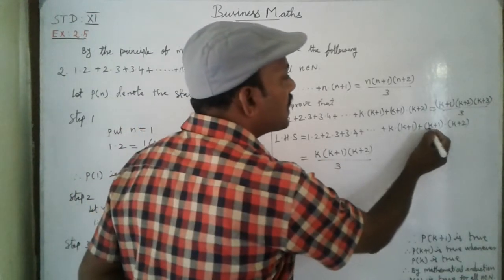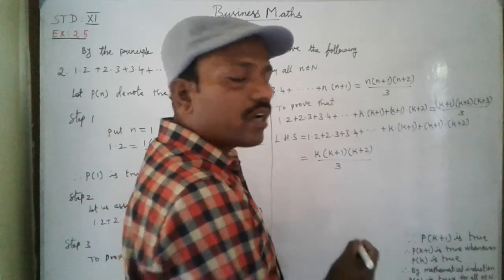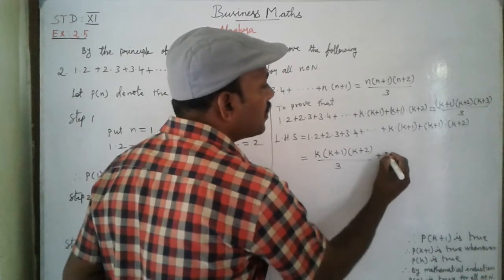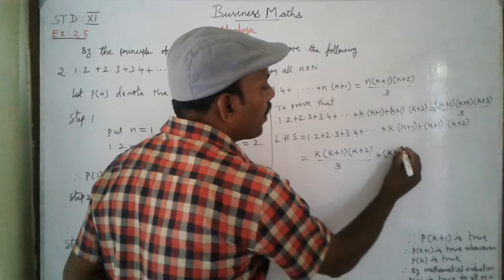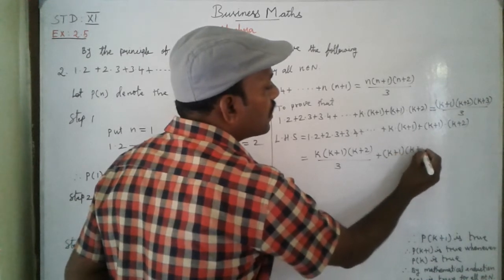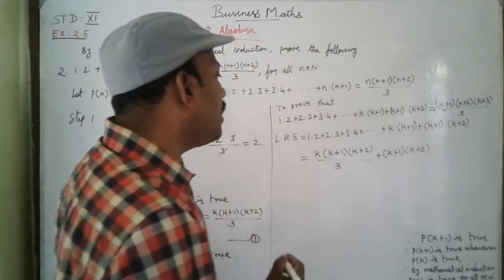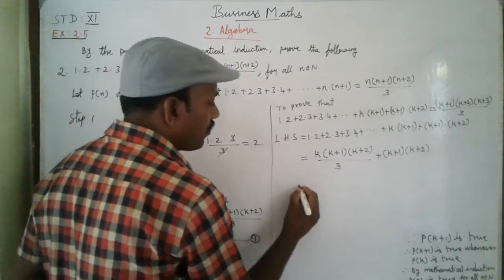Remaining is plus (k+1) into (k+2), we should write. Now take the LCM.